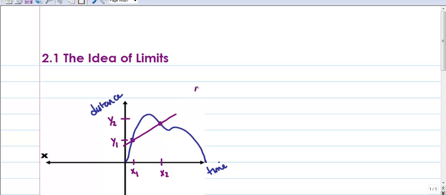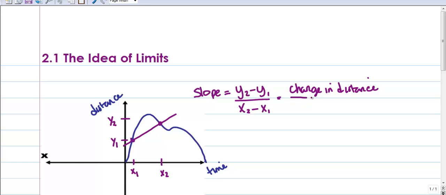And so the slope here would be the change in my distance divided by the change in my time. Whenever we talk about the change in your distance divided by the change in your time, that is average velocity. The way I remember it is it's miles per hour. Miles is distance, hour is time.